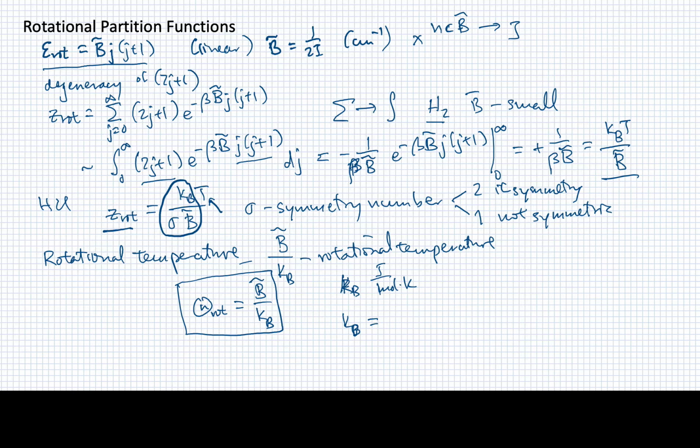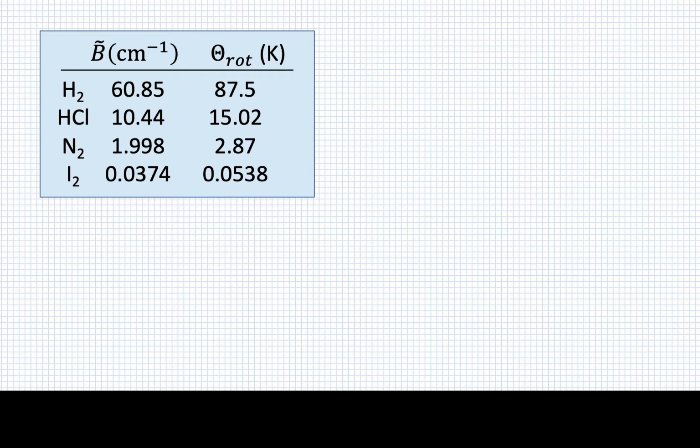And when I use units of Kb that are in inverse centimeters per degree Kelvin, the value for Kb is 0.6950346. So this is in inverse centimeters per Kelvin. This is a number that you may want to make a note of and use as you do different problems involving this. Now let me show you what some of the typical values for linear molecules are.